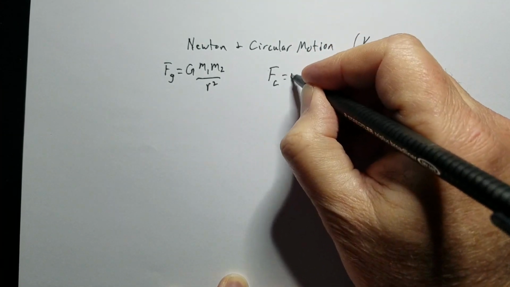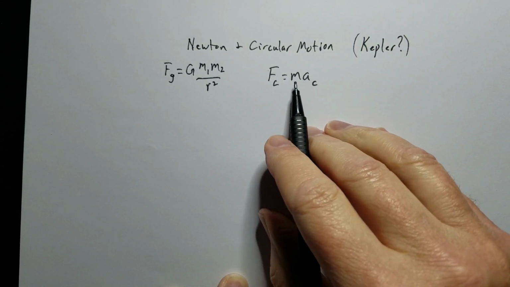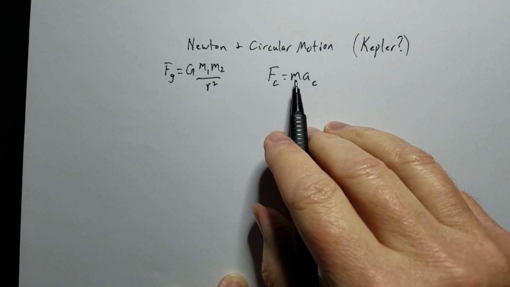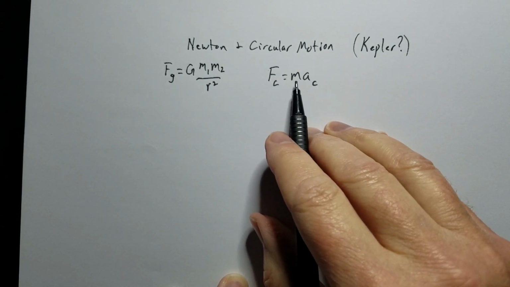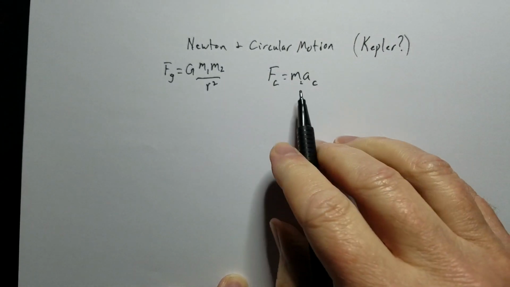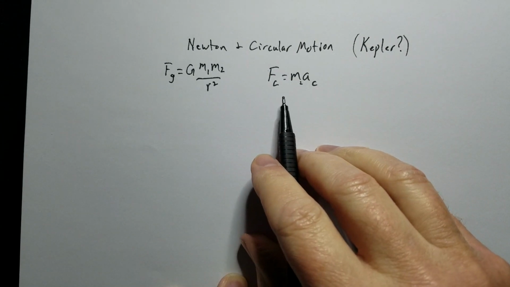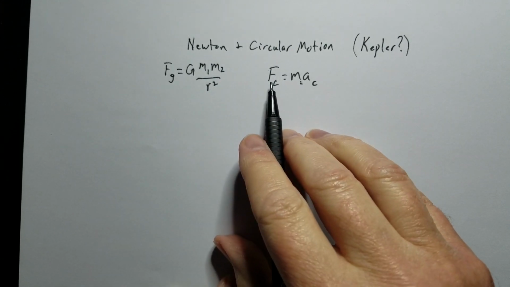So Fc equals m ac, where in this one, that mass is the mass of the object going around in a circle. So if we said m2 was the Earth, and the Earth's the one going around in a circle, then that would be an m2. We'll just label that to keep track of it. But again, gravity would be that centripetal force.